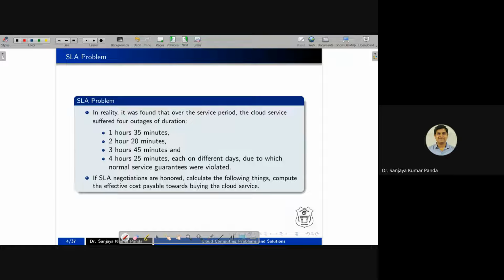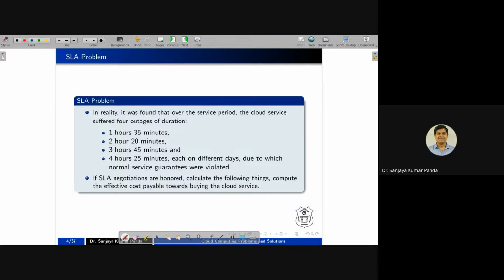Is the question clear to the participants? Any response? Okay. So if the question is clear to you, let us see how to solve this particular problem.